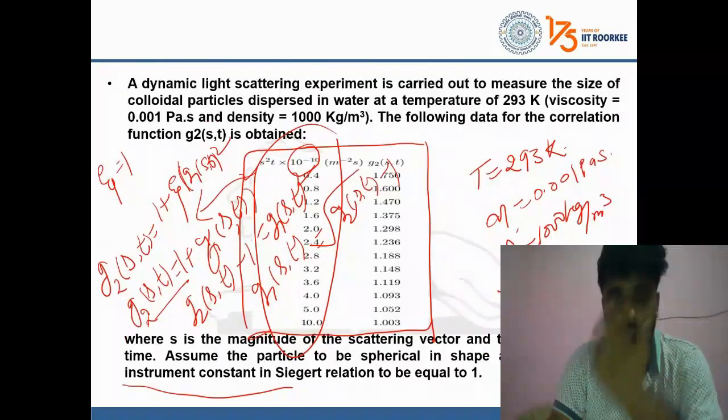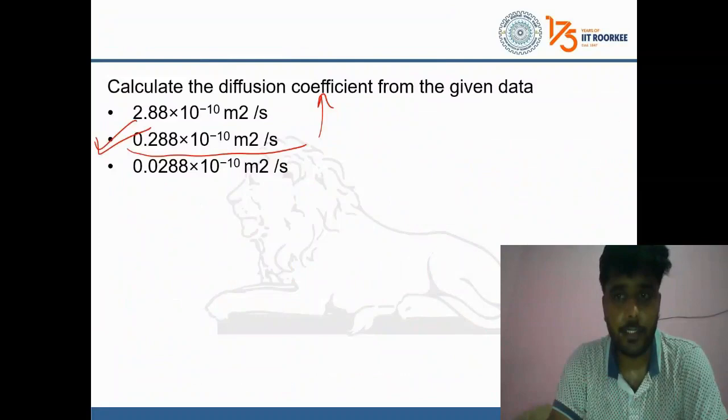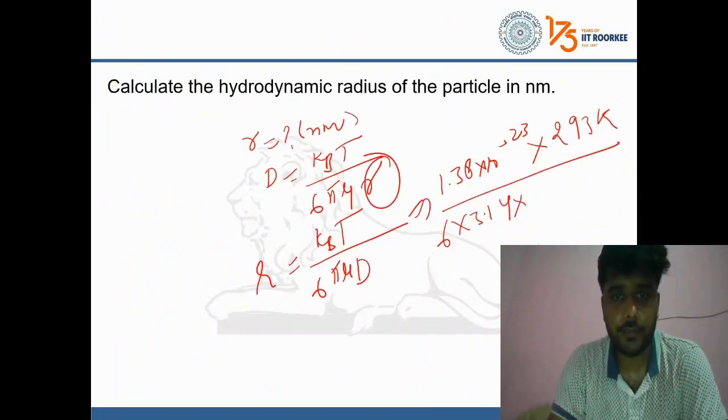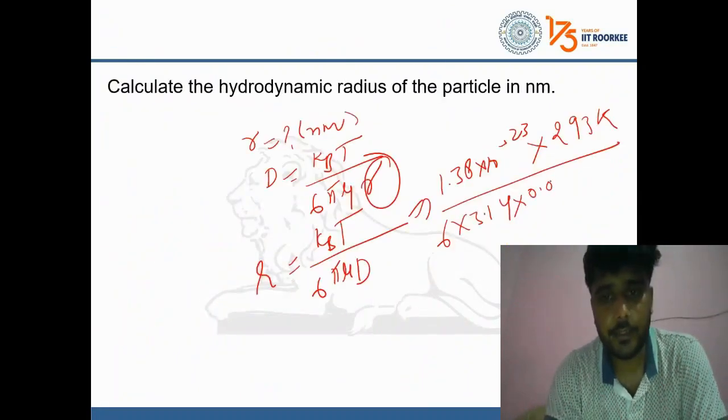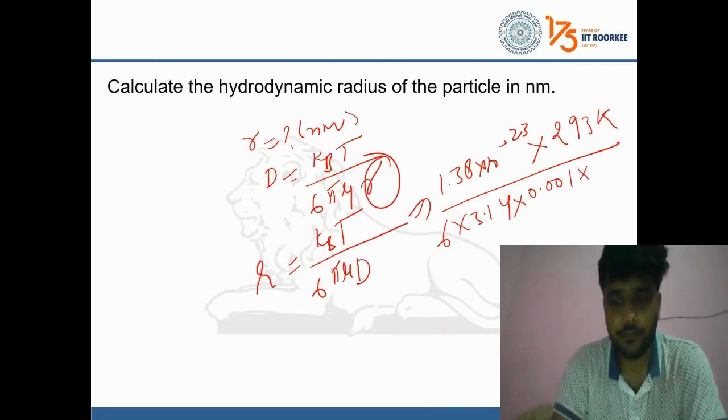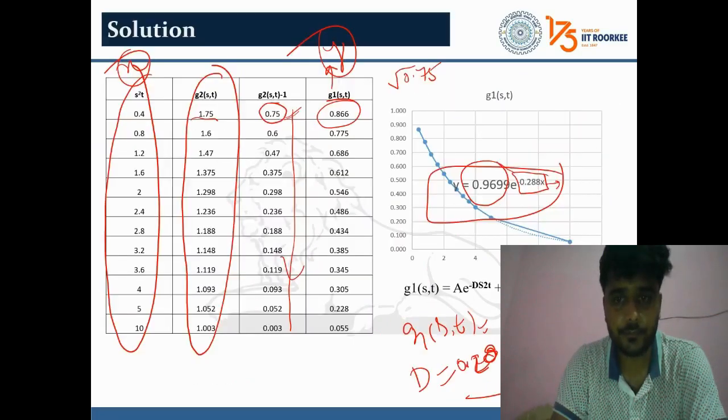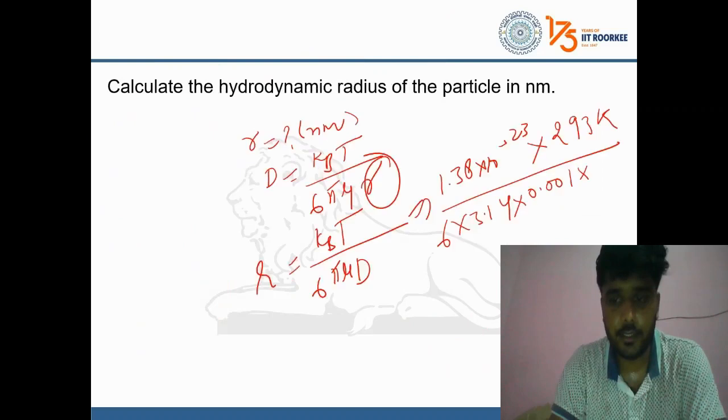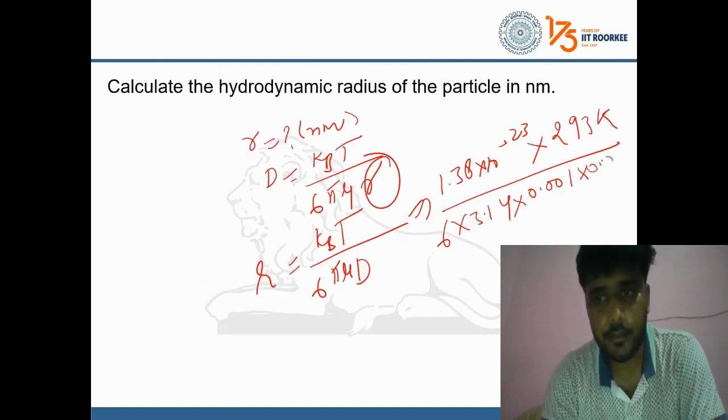Viscosity is given 0.001, and the diffusion coefficient is 0.288 into 10 raised to minus 10.